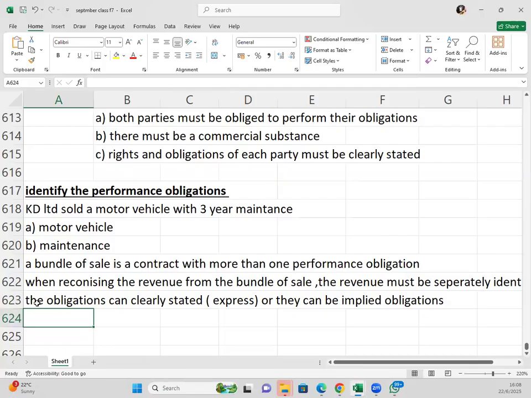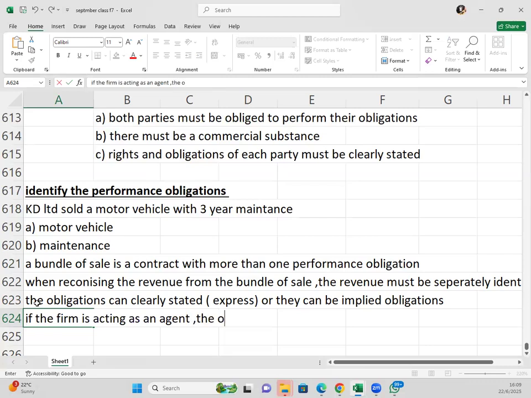So we are saying if the firm is acting as an agent, the obligations remain with the principal.